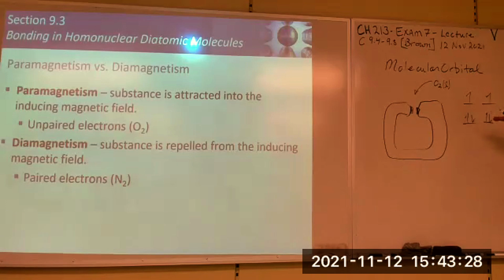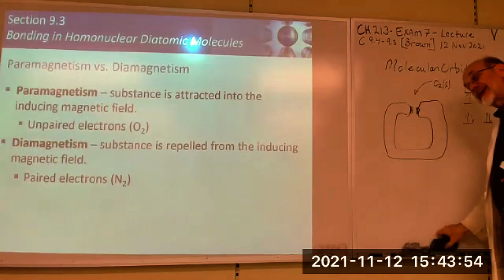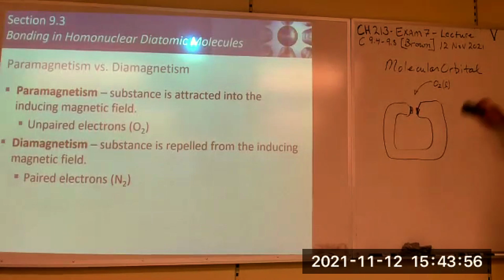So you can't induce a magnetic reaction in these, but you can in these because they're unpaired. And what happens is they produce a magnetic field in opposition to this one, and the opposing force holds them in place.